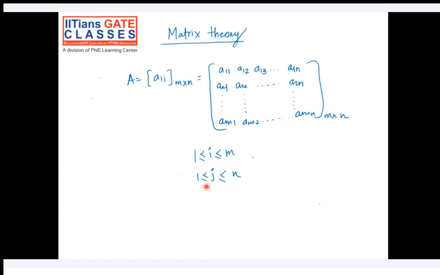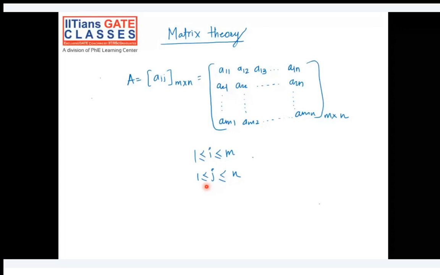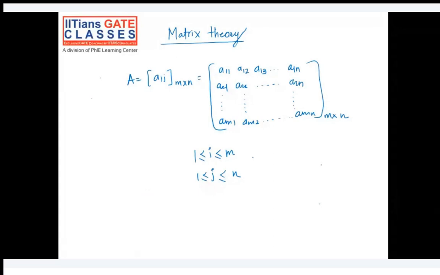So if I want to identify or locate any number inside this matrix, I can just use this i and j terminology. For example, if I say A22, it means that this is the element which I am focusing on, which is lying in the second row and the second column.